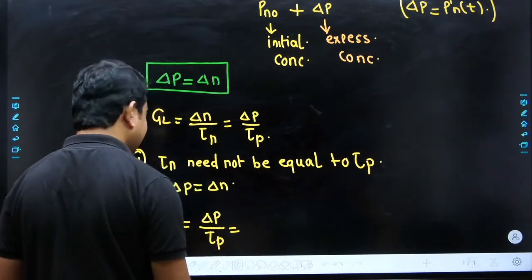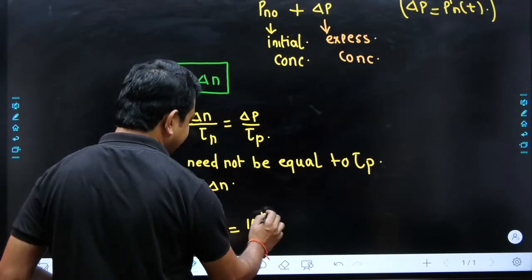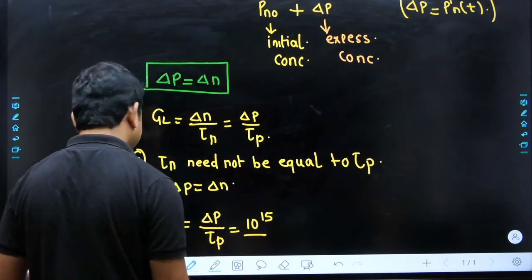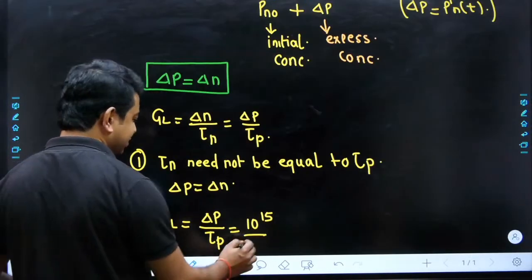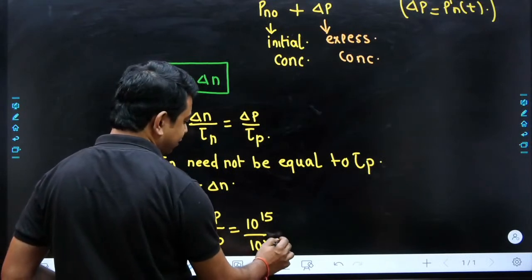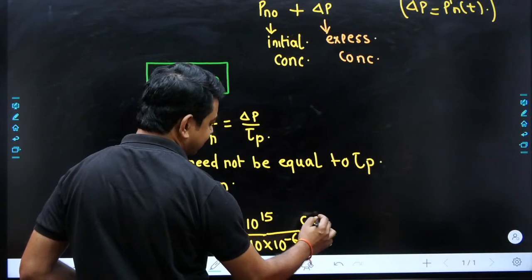Delta p and delta n are equal, so we can use 10 to the power of 15 per centimeter cube divided by the time that is given, 10 microsecond, that means 10 into 10 to the power of minus 6 seconds.